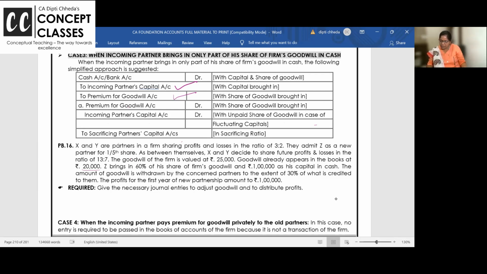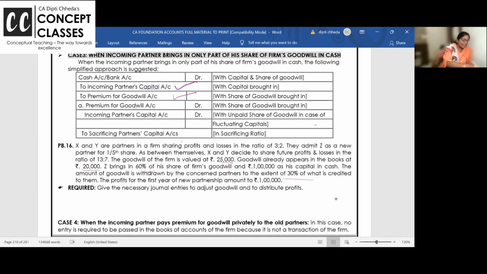The capital he is bringing is separate. The goodwill share of the firm is 25,000, so what is the share of Z? He is getting only 60%, and the amount of goodwill is withdrawn, that too to the extent of 30%. Profit for the year of the partnership is also given. Actually we are doing the goodwill concept but some extra features are given.